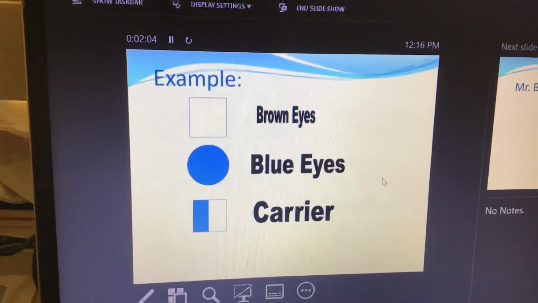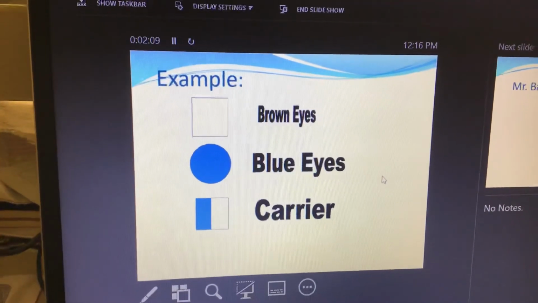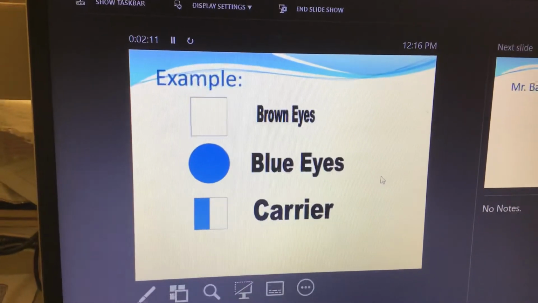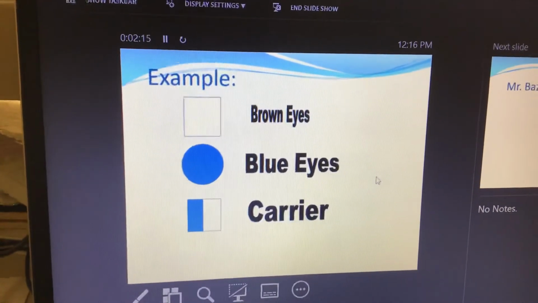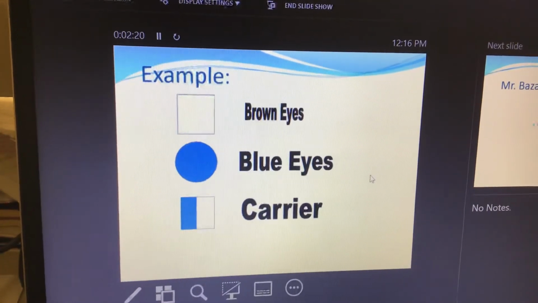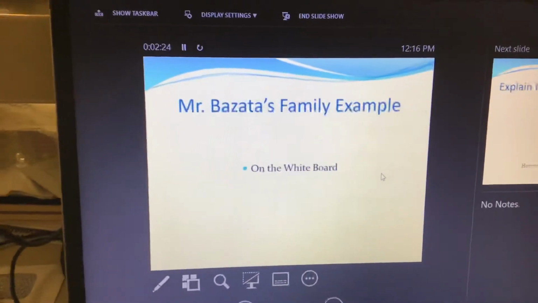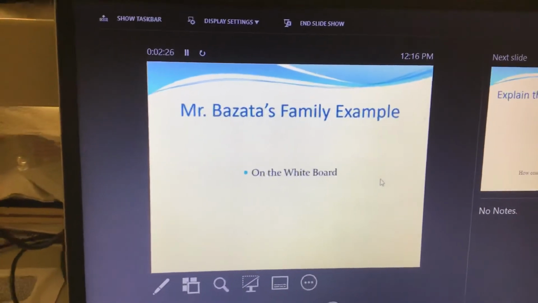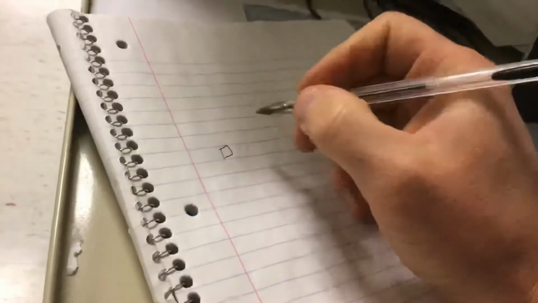Okay, now we're going to leave some of them shaded, some of them unshaded, and some of them partway shaded. So, depending on the example, we're going to use eye color, brown eyes, blue eyes, and the carrier would be half. And we're going to use my personal family example.